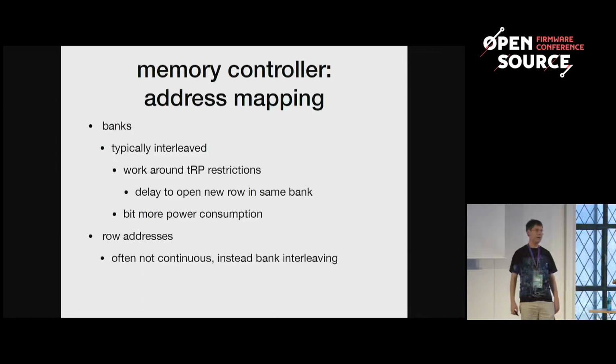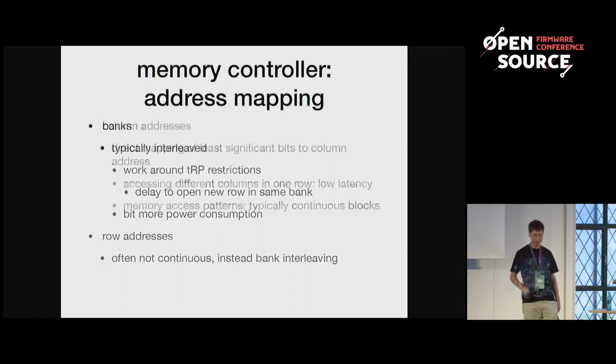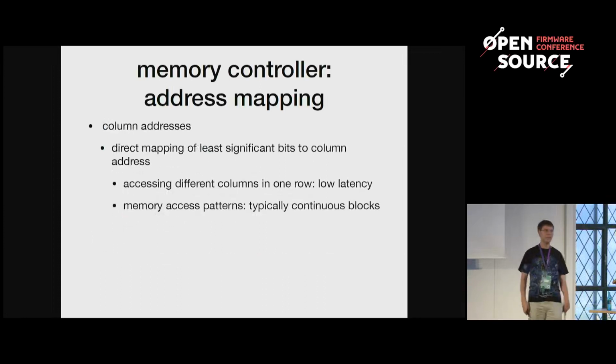And then there are the row addresses, so the rows in the memory array. And as I already told, those are often not mapped continuously, and instead the banks are interleaved. And finally, we have the addresses in the columns.